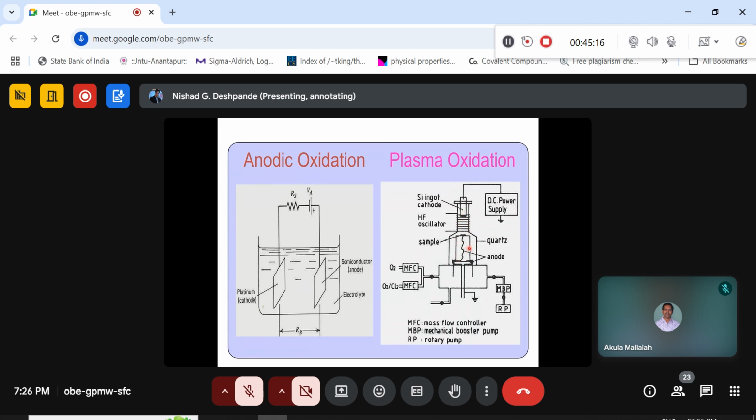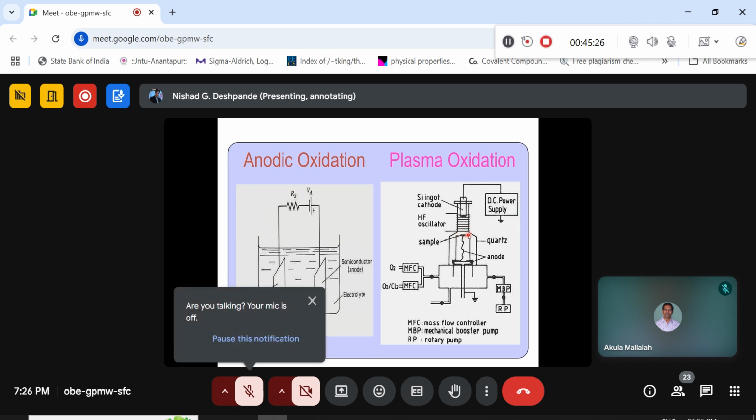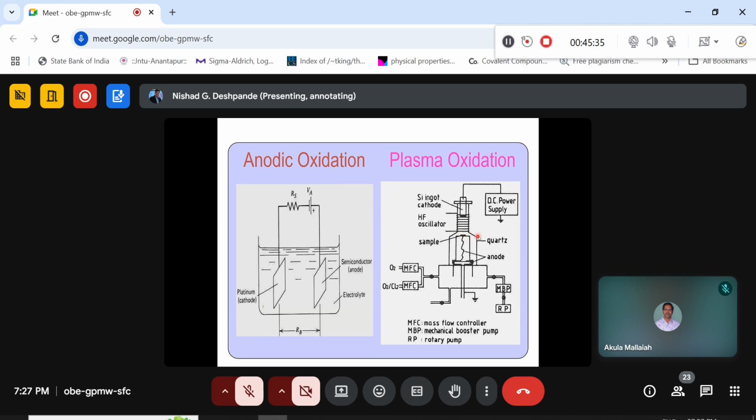So that means your chamber has to be smaller. And if the chamber is smaller, naturally the silicon wafer that is inputted here has to follow the dimensions of that chamber. So naturally this is not very commercially utilized.